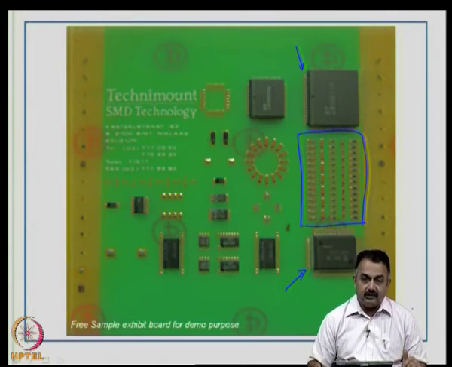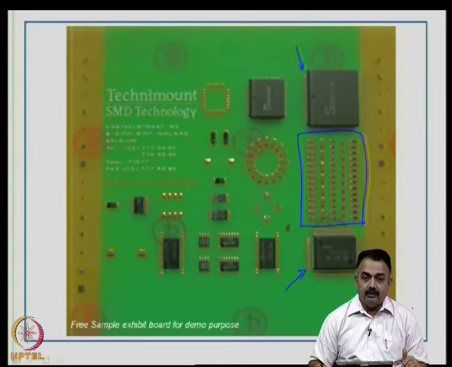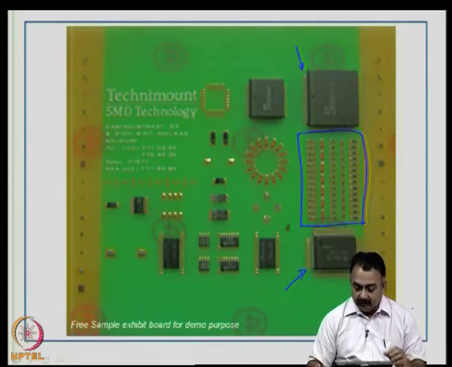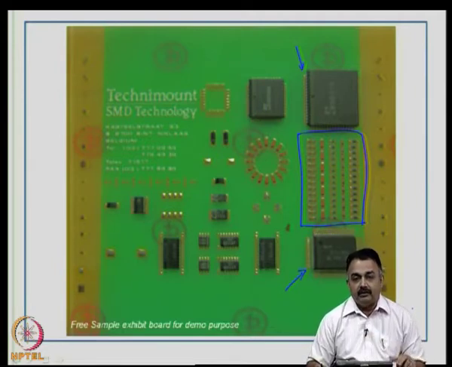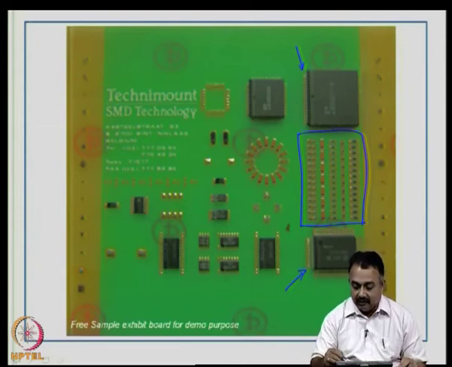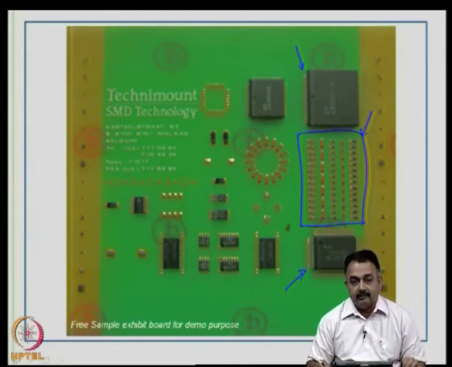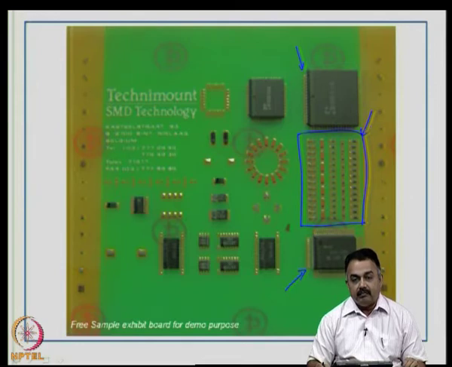There are various electronics manufacturing services that provide you excellent assembly services for surface mount devices, even of the order of very small footprints that you see here in this marked area, the resistors and capacitors, which sometimes it will be very difficult to do by yourself in the lab or for prototyping.